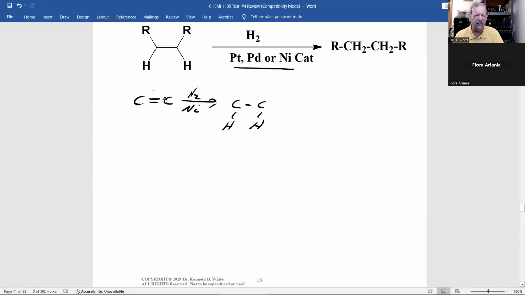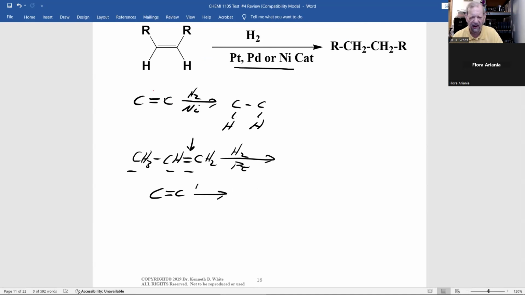So if I were to have this reaction on test 4, and I say give the organic product or products, notice I have 3 carbons here. Look for what's different. A double bond. I'm reacting with hydrogen, and platinum is the catalyst.